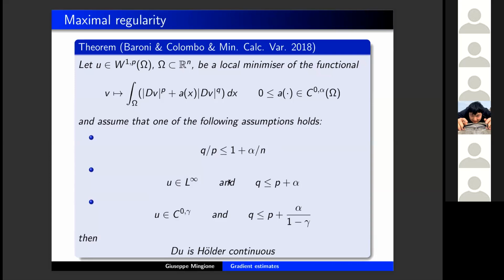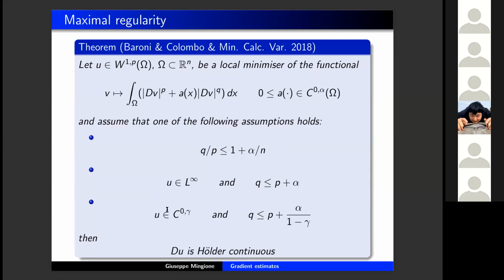And this is once again sharp by the previous counterexample, because in the previous counterexample you get Lipschitz boundary data. So by maximum principle, you get a bounded minimizer. And that tells you that you have a singular minimizer provided q is strictly larger than p plus alpha.